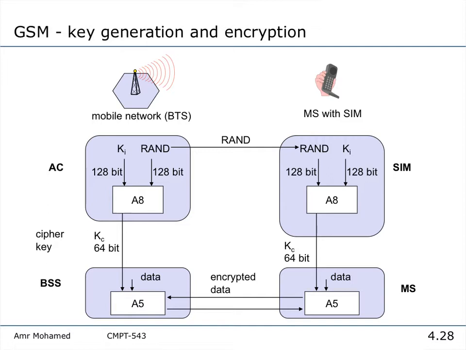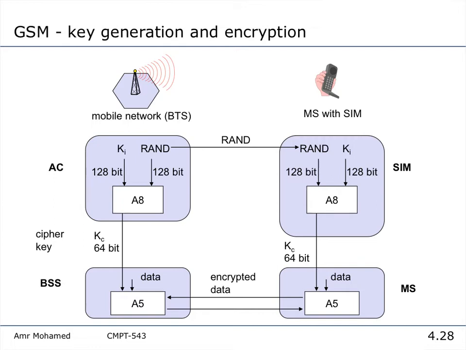For confidentiality, remember, the requirement here is to generate a key, and this key will be used to encrypt the traffic along the air interface, which is between the PTS and the mobile station.